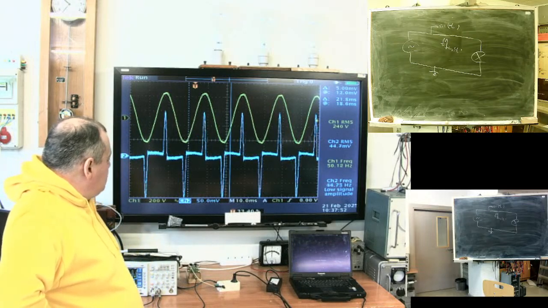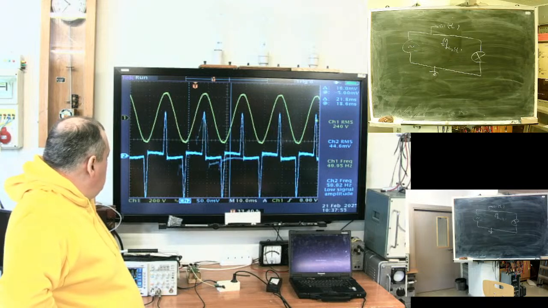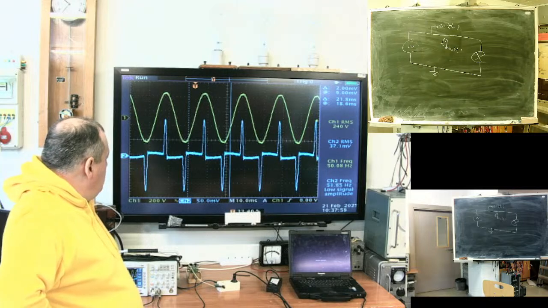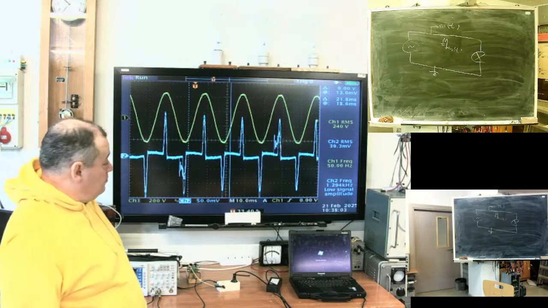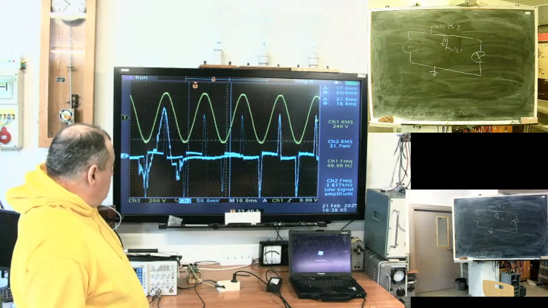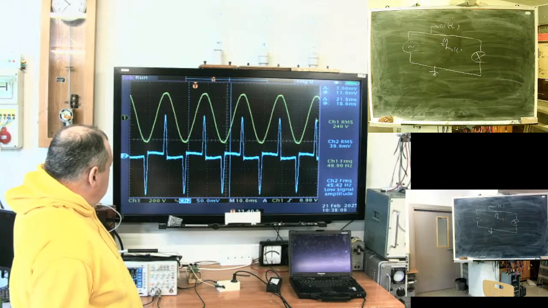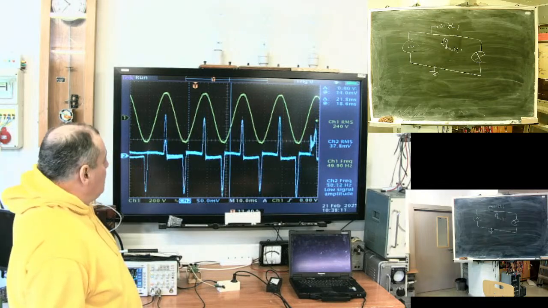That's what happens with a small personal computer. It's the current it takes from the network. The blue one is current, yellow is voltage.